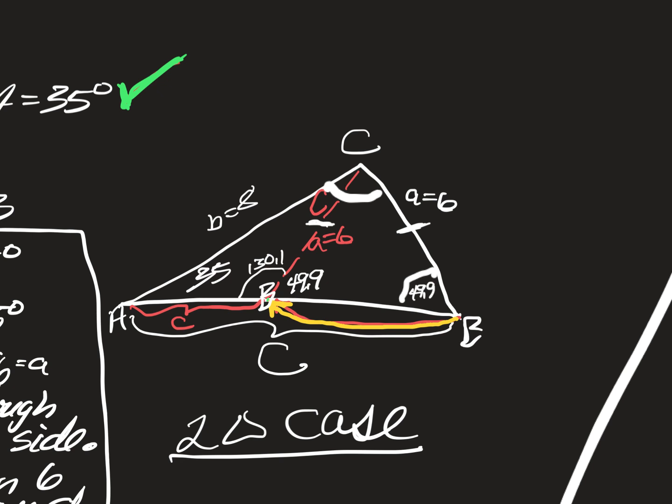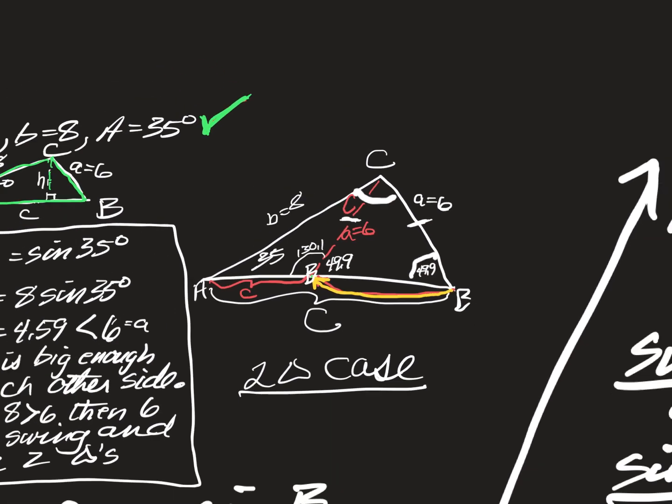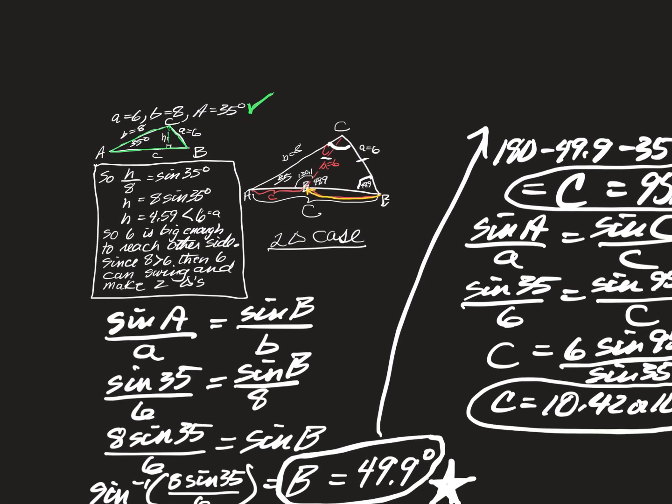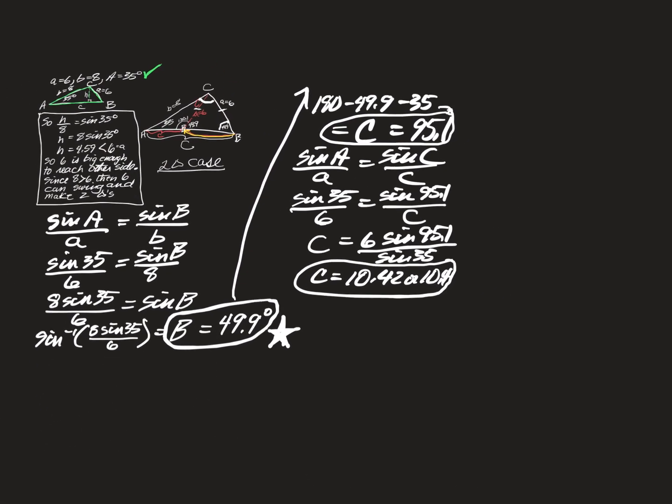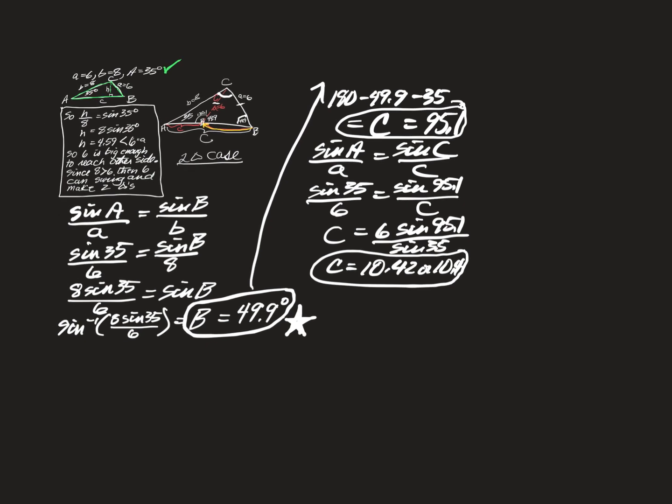This is how you do the two triangle case. Use the isosceles triangle facts to help you find the new angle B at 130.1. Okay? So now that I know that, now I'm going to do the next case. All right.